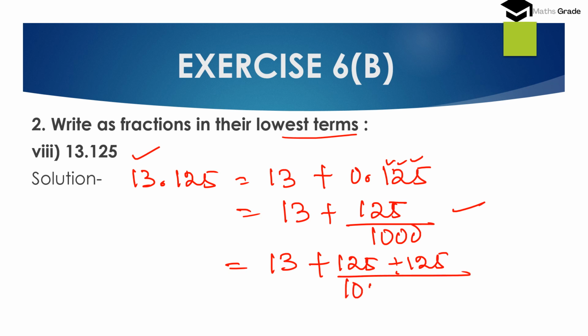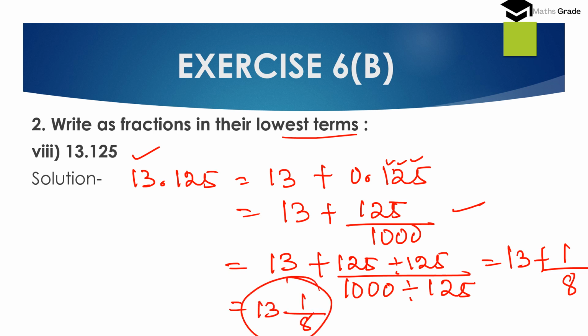Now 125 divided by 125 is 1, and 1000 divided by 125 is 8. Now 13 plus 1 divided by 8 is 13 1/8, and 13 1/8 is in the lowest term, the simplest form of the given decimal 13.125.